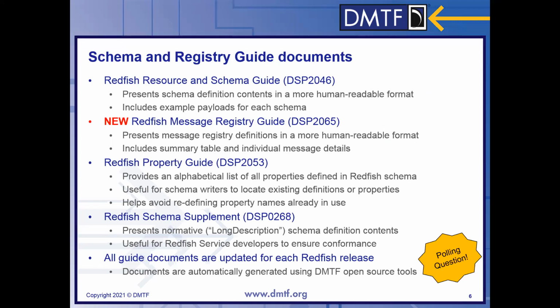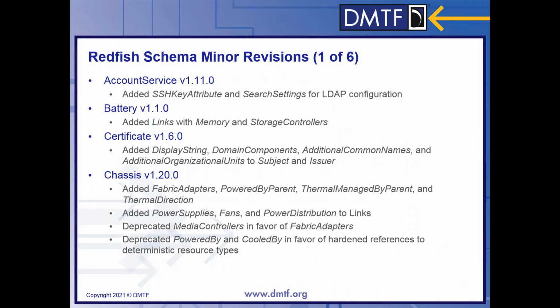As we publish more and more message registries, having them in a form where you don't have to look at the JSON is a much more compact and human friendly way to look at them. All right, with that, we'll get into the minor revisions.